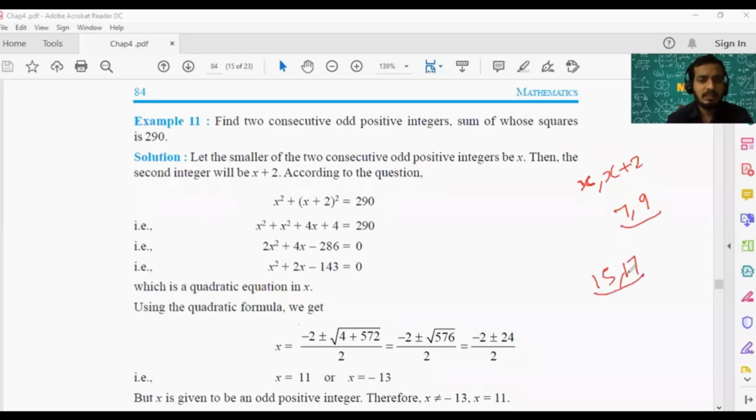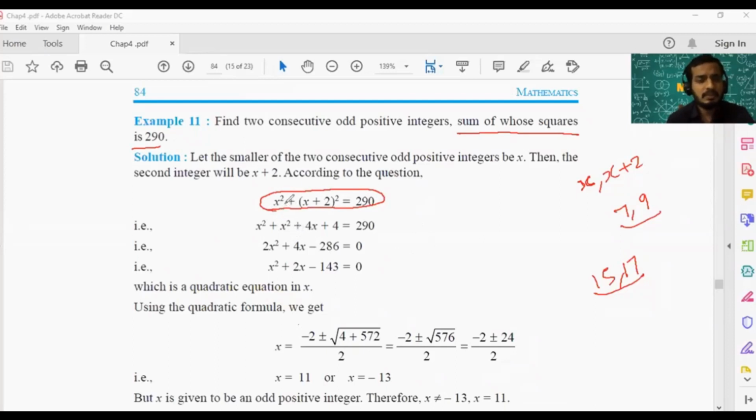7 and 9 are consecutive odd numbers. So if we choose x and x plus 2, then apply the statement, sum of whose squares is 290. So x square plus (x plus 2) all square must be 290. So this is the equation we can write from the given statement. You can use any variable, that's no problem.